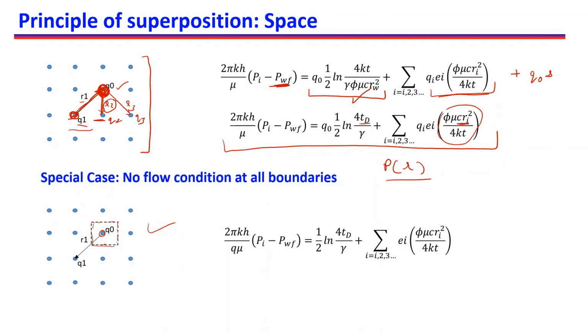Or in other words, if we have, let's say, two wells, or we want to mimic a boundary between these two wells. So suppose we have a semi-infinite reservoir instead of an infinite reservoir, and we have a single well here in this semi-infinite reservoir, and there is a boundary on one side which can be a fault.